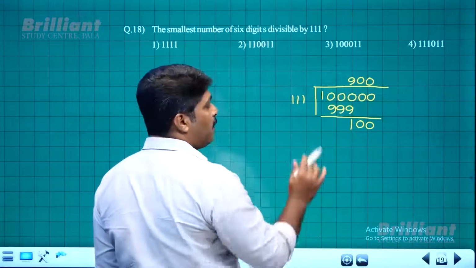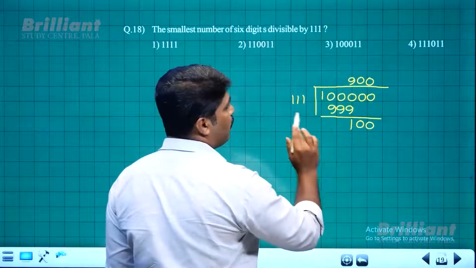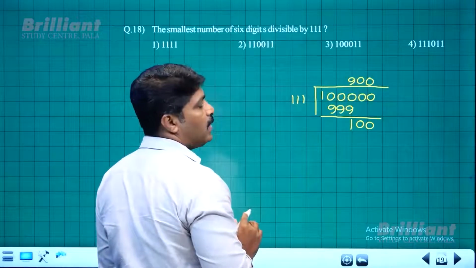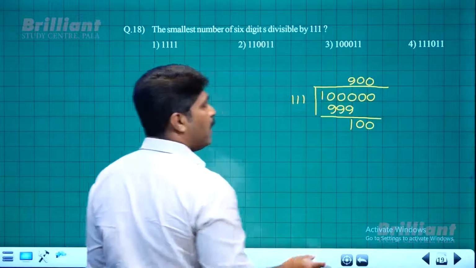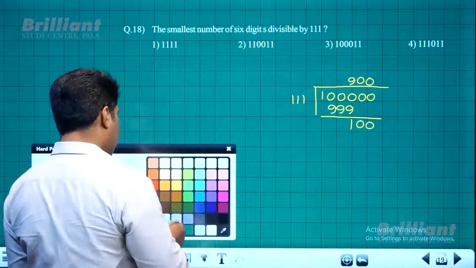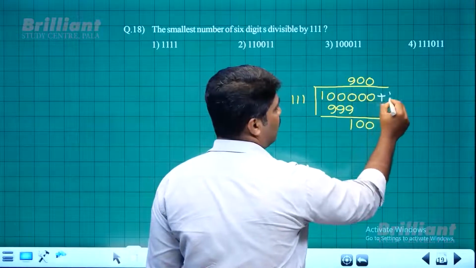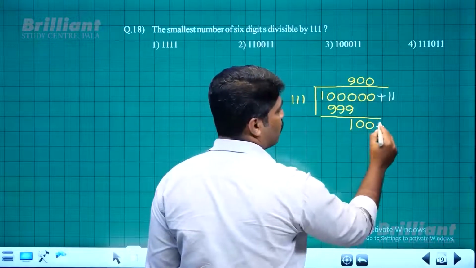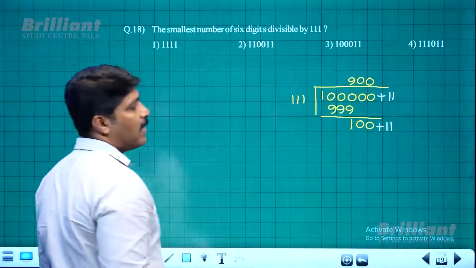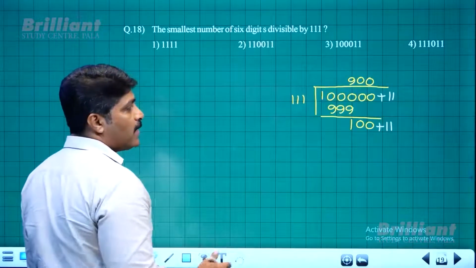Then we know that if you want to make this value 111, what is the required quantity here? So here at this point, we got the idea that instead of these 2 zeros, if you are adding 11 with this number, this also becomes 111. So what is the conclusion here?